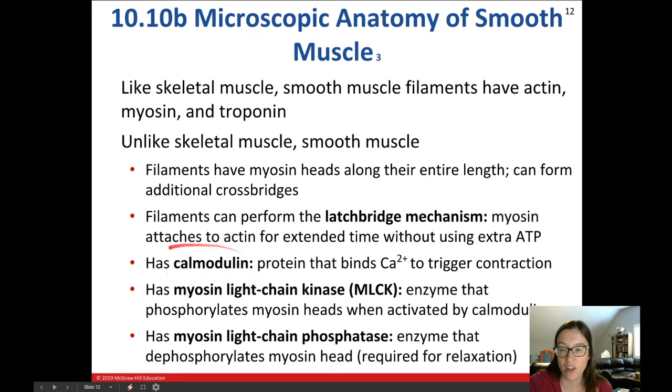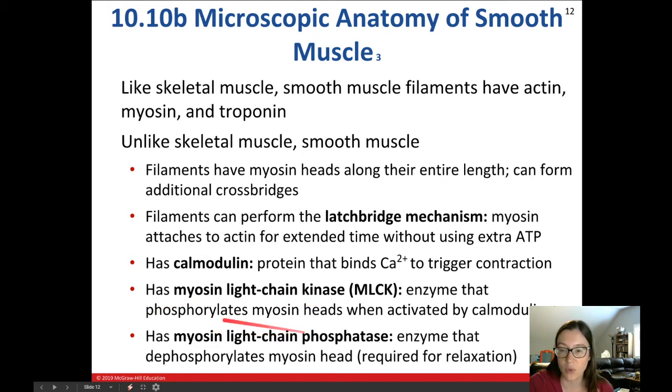We'll talk about calmodulin, which is a protein that binds calcium. We mentioned this in skeletal muscle, but it is really important in the physiology of muscle contraction in smooth muscle. There is a special enzyme called myosin light chain kinase that's very important.